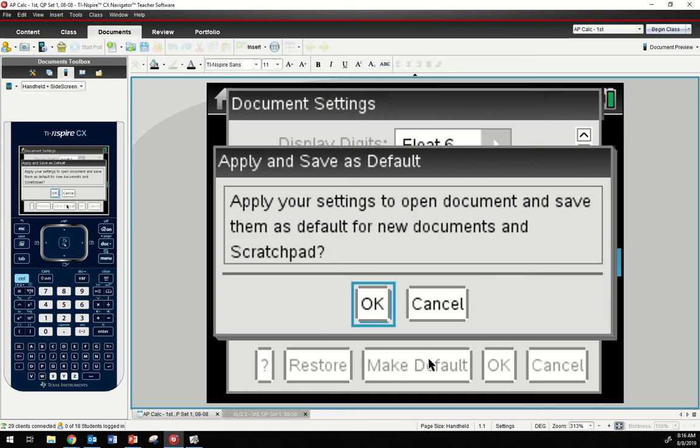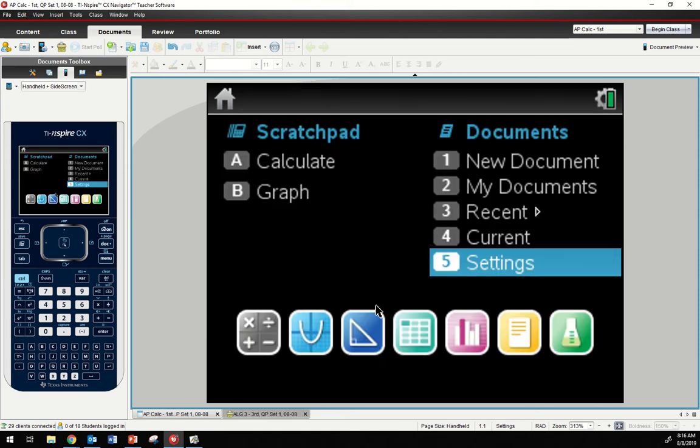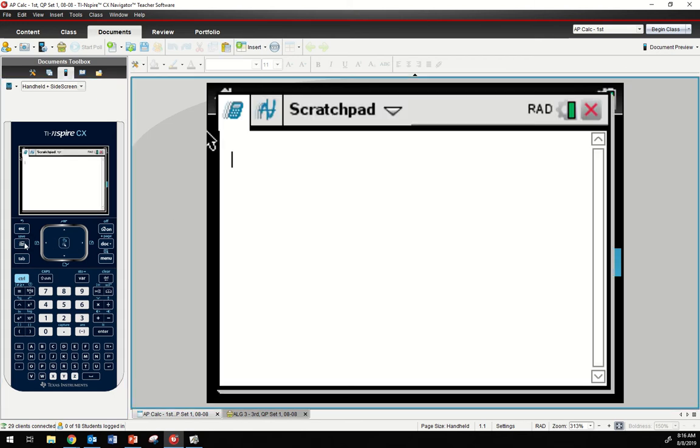So it's going to change all your stuff to radian now. Click OK. There we go. So now it should say rad again, right? It's just showing like a loading thing. Okay, so it's coming up then.